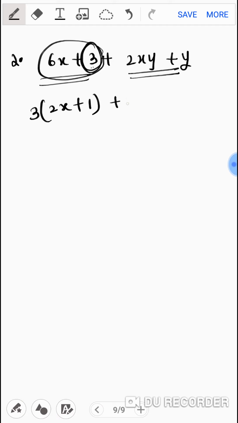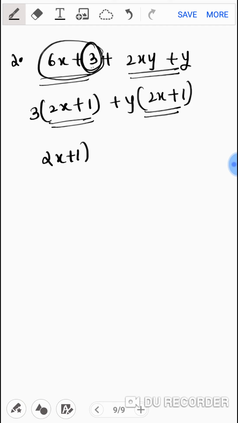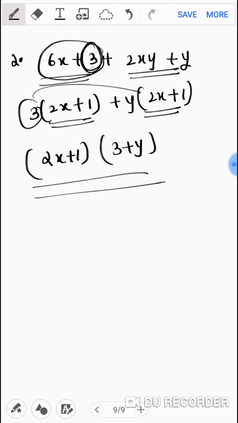Okay, from here you will take y common and inside will be 2x plus 1. You have to notice that this bracket should always be the same. So you will get 2x plus 1 as your first bracket and the remaining 3 plus y as your second bracket. And that's your answer. I'll jump on to problem number 3, which says ax plus ay minus bx minus by.